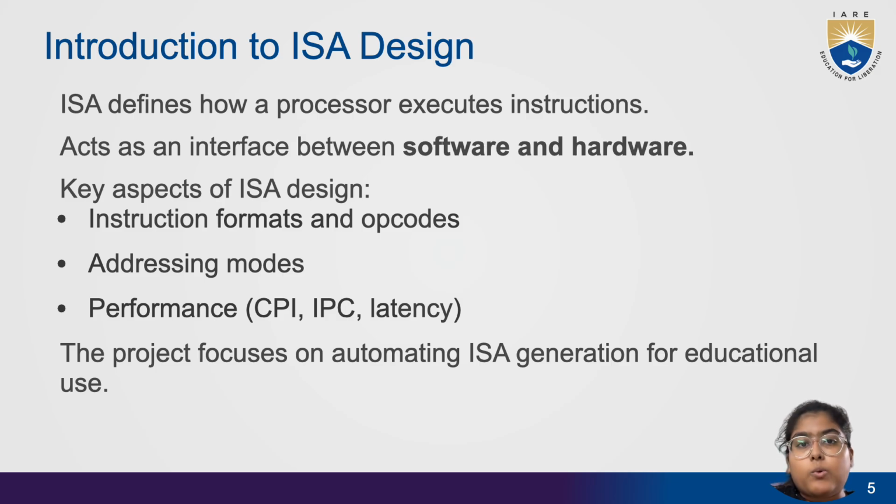For example, how compact the instructions are, how many addressing modes it supports, and how fast they can be executed. In this project, I explore these design factors by automatically generating sample ISAs and analyzing how design decisions affect performance and complexity. Essentially, this work simulates what ISA designers do at the architectural level, but on a smaller, controlled scale.